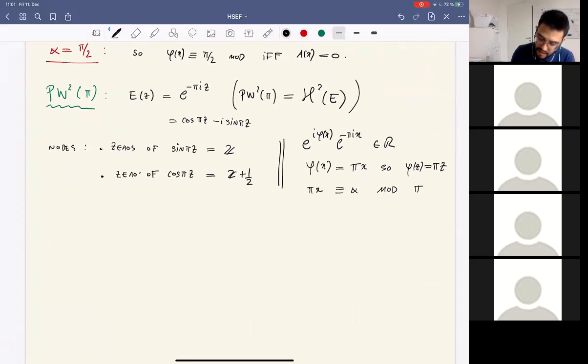Well, this would be exactly x equals an integer plus alpha: x to be some k plus alpha over pi.